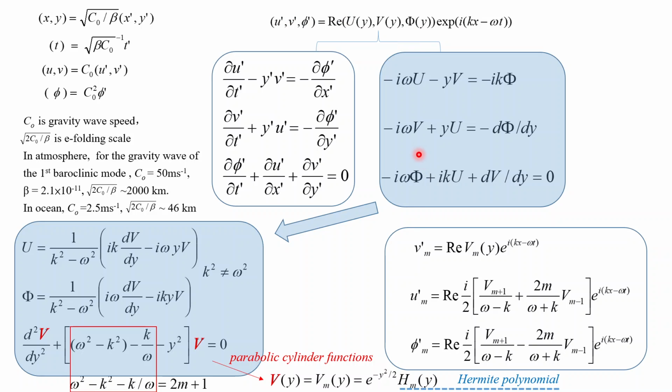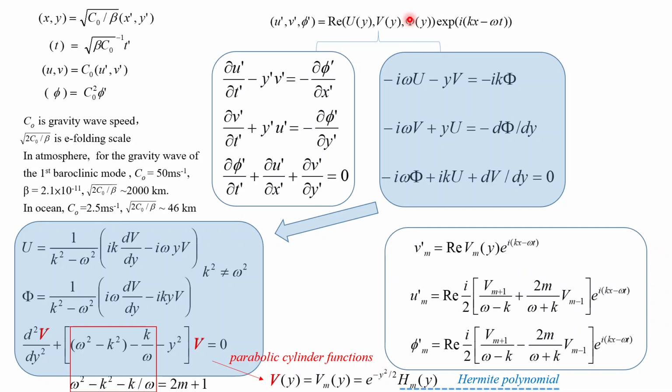Okay, and then through algebraic manipulation, you can rewrite these three equations into these three forms. So you express the zonal velocity and meridional velocity, which are all functions of y only, as functions of v.